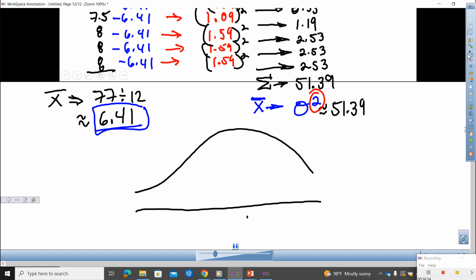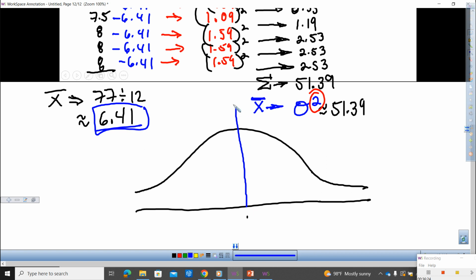Went kind of weird here. There it is. And I'm going to split it right at the center. What do I label this line? Tell your neighbor. 6.41, which is our mean.